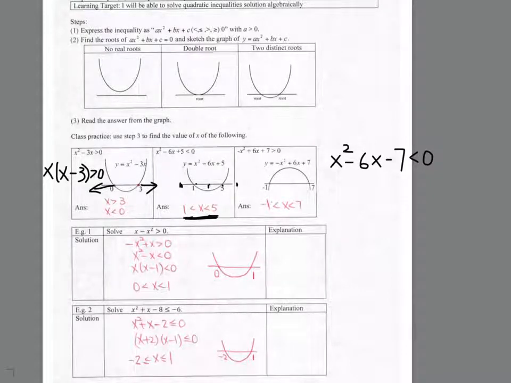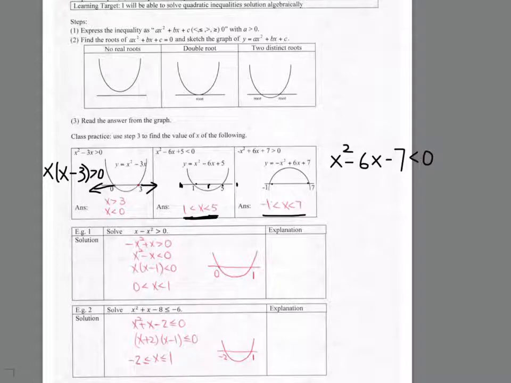Use the factoring fish method to find the x-intercepts. The x-intercepts are negative 1 and 7. So since it's less than 0, again, your x value is going to be in between negative 1 and 7.